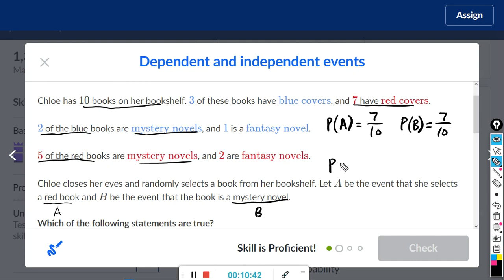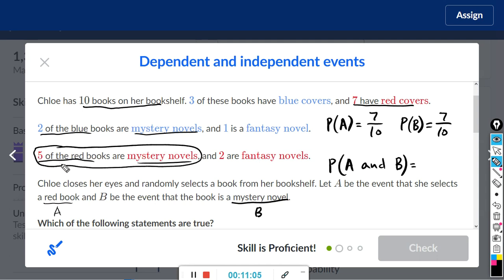Now, the probability of A and B, that it's going to be a mystery novel and a red book, let's see. Well, 5 of the red books are mystery novels, okay? So the probability of A and B, since 5 books are both red and mystery, that's going to be 5 out of the total, which is 10. All right?